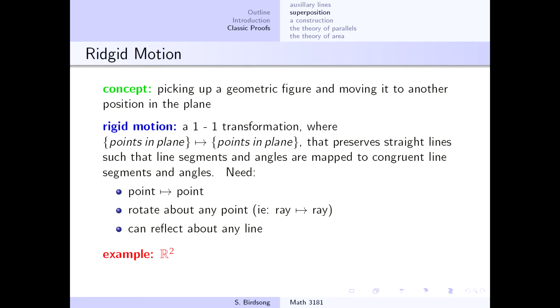Now, you guys have all done this before if you've done pretty much anything in high school math. So the example here is in R2, so think in your head XY coordinate plane. Here, if you're talking about rigid motion, picture in your head maybe a function back in an algebra class. This would correspond to translations, rotations, and reflections.